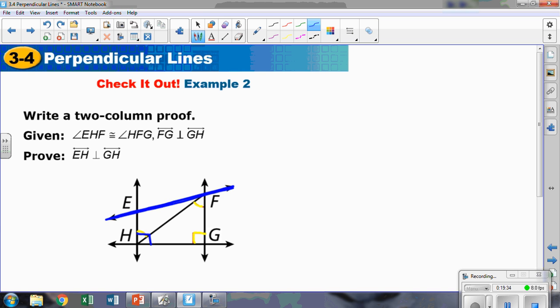It's not relevant for us. This is a picture that we could redraw, and when we redraw it, it would probably be easier to understand.